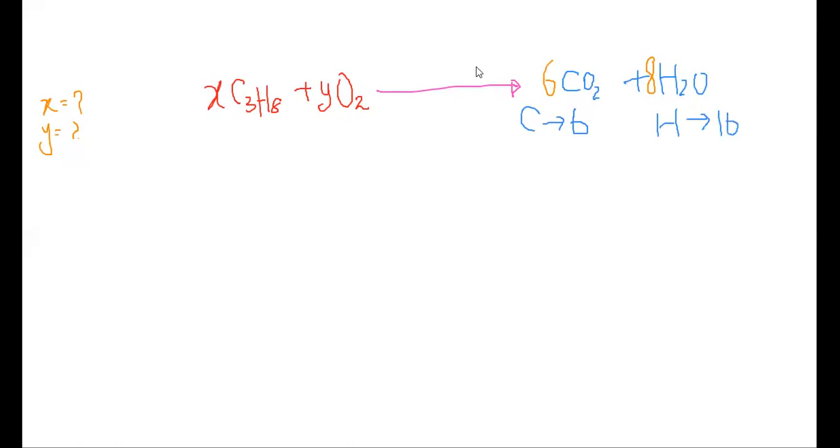And oxygen, how many oxygen here? 6 into 2, 12 oxygen, and 8 into 1. Altogether, oxygen here, sorry, 20 oxygen. 12 plus 8, 20 oxygen.